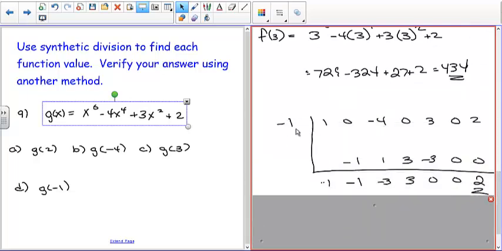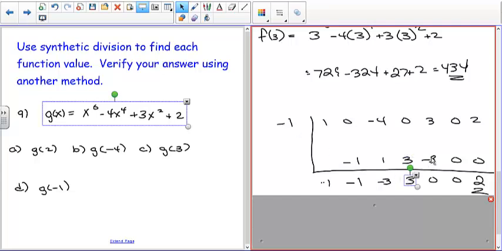So put negative 1 here. Bring the 1 down. Negative 1 times 1 is negative 1. 0 plus negative 1 is negative 1. Negative 1 times negative 1 is positive 1. Negative 4 plus 1 is negative 3. Negative 1 times negative 3 is 3. 0 plus 3 is 3.